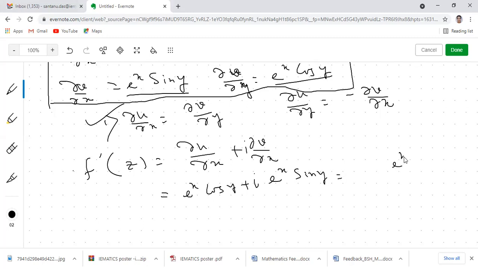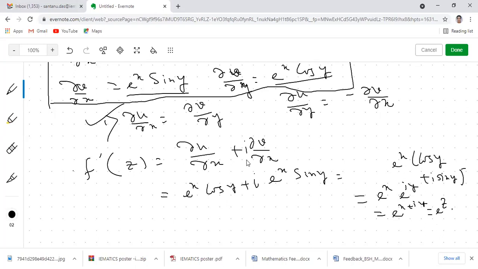So e to the power x times cos y plus i sin y, that is e to the power x to the power iy. So e to the power z. So f dash z is e to the power z.